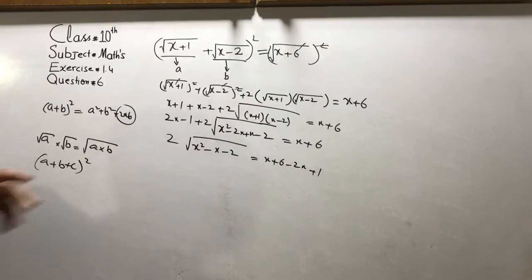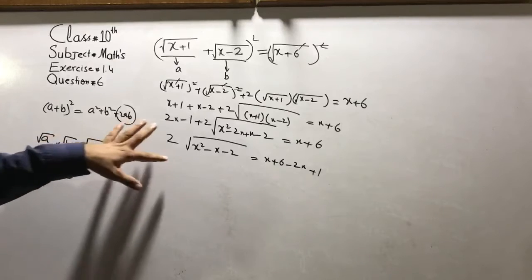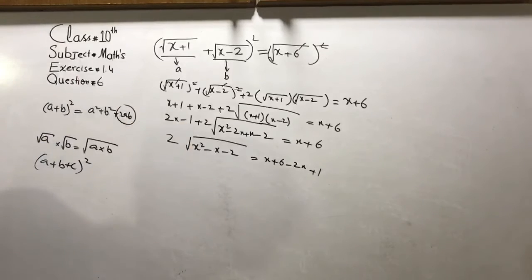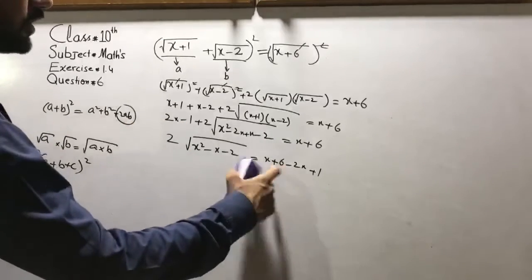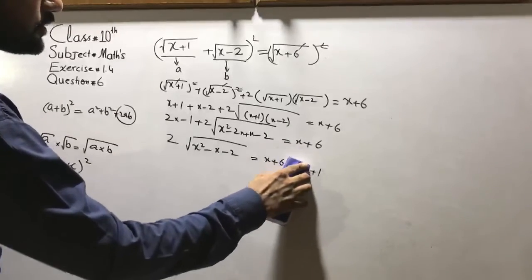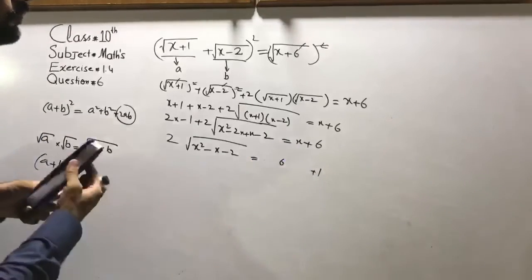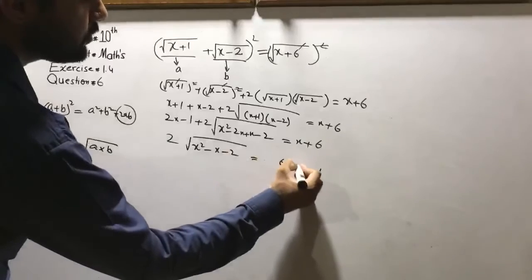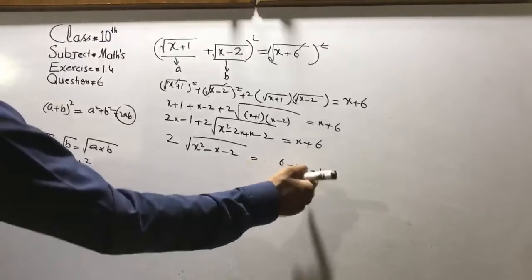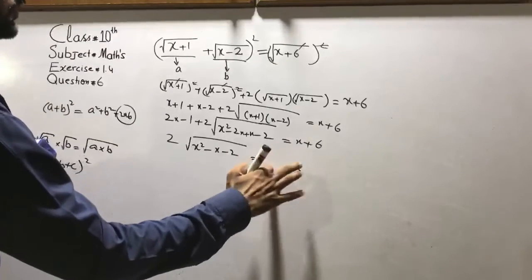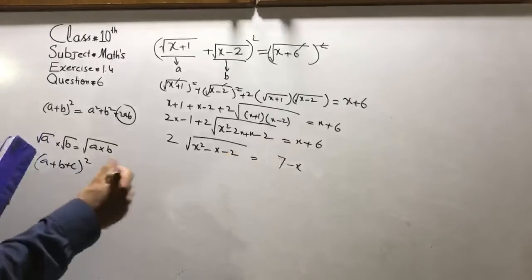Now we easily take square, and when we take square, this square root will be removed. Now minus 2x plus x, we get minus x, and 6 plus 1 is equal to 7. So I write here 7.